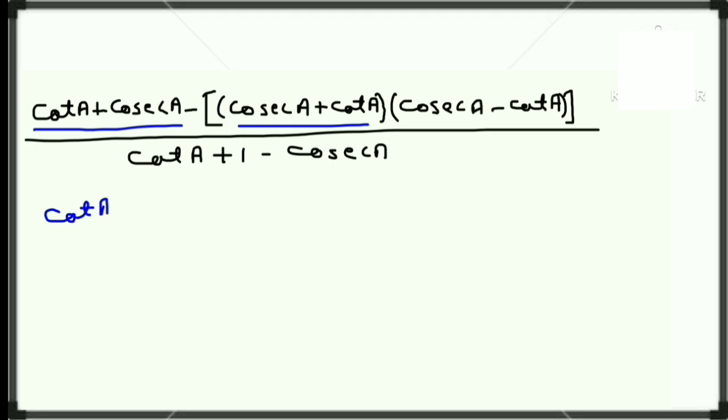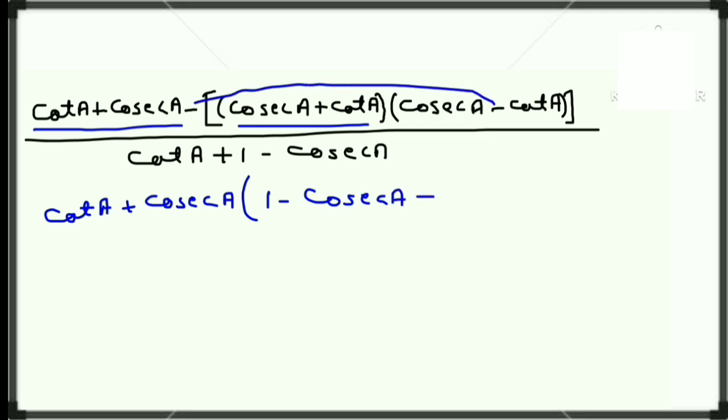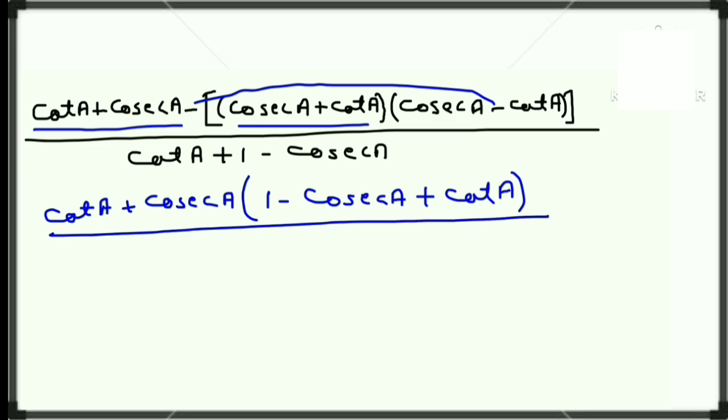Cot A plus cosec A is common, so here remains 1 minus cosec A, and here minus into minus plus cot A, and in denominator as it is, cot A plus 1 minus cosec A. And here we can observe, here is plus 1 and here also plus 1.